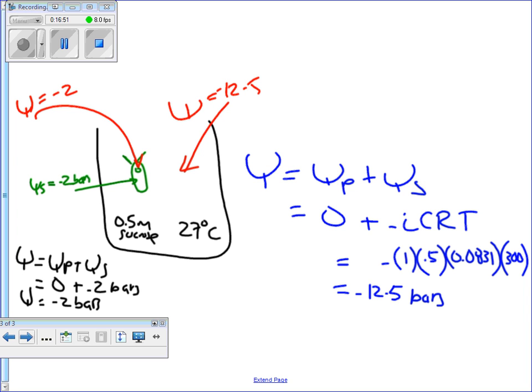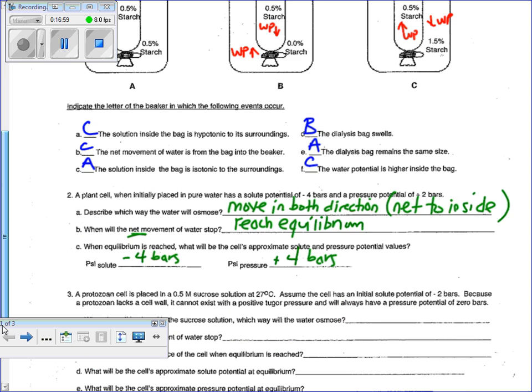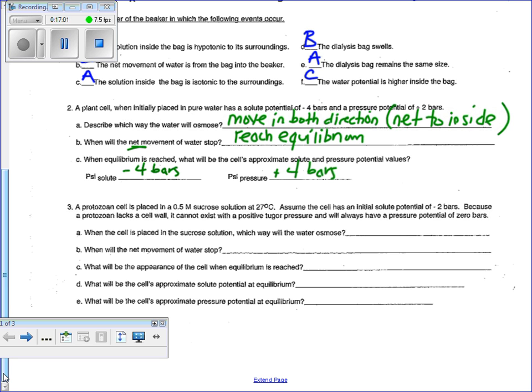Most likely not. It would dehydrate to the extreme. So when the cell is placed in the sucrose solution, which way will the water osmose? Again, it will go both directions, but net movement is out of the protozoan.